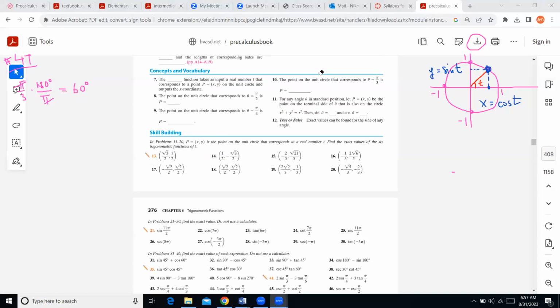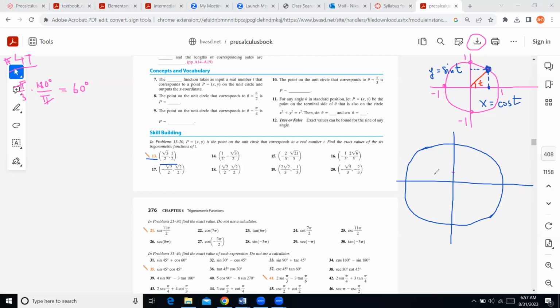So we can start with some exercises. Let's say 13 is recommended. We usually do skill building problems, and what I can do is take a look at the unit circle and then get the point on this unit circle that has coordinates radical 3 over 2 and 1/2.